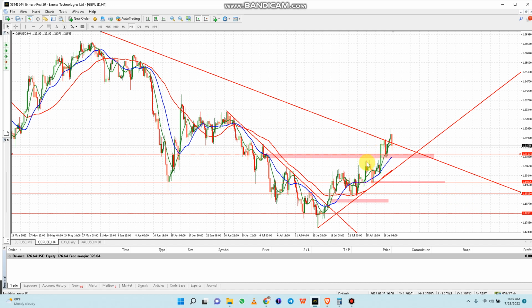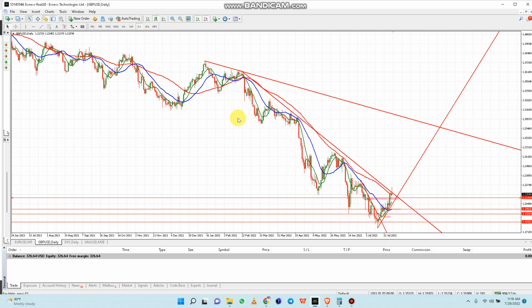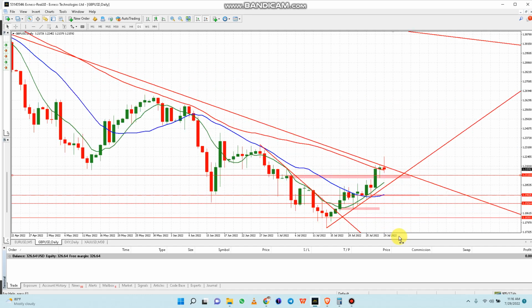So until we see that, our bias is still on the buy side, that means we're on an uptrend, right? But when you're trading, you should also consider the bigger time frames. As you can see from the daily time frame, we're seeing signs of rejection.